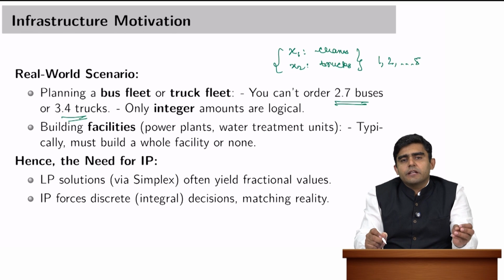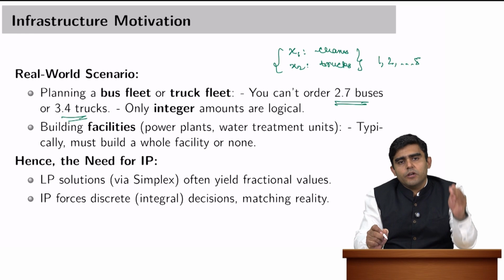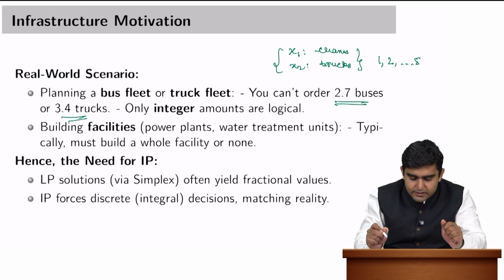And that is where the name integer programming comes into the picture: for the same set of the problem where you have an objective function and constraints, only integer answers are acceptable.